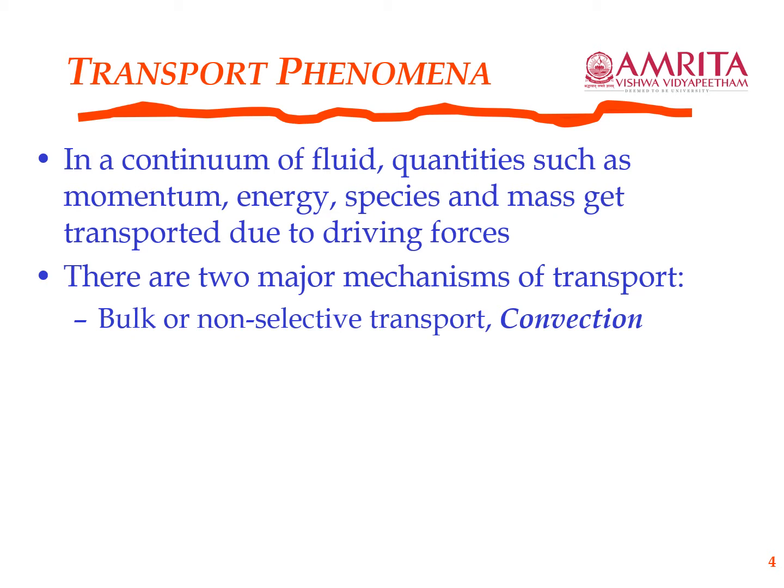This is because the whole fluid is transported. Along with the transport of the fluid, the momentum that fluid carries gets transported, the energy that fluid carries gets transported, all the various species that are present in that fluid get transported. So this is non-selective in that sense.